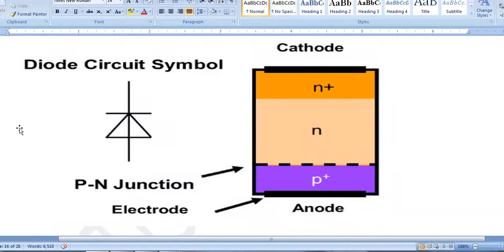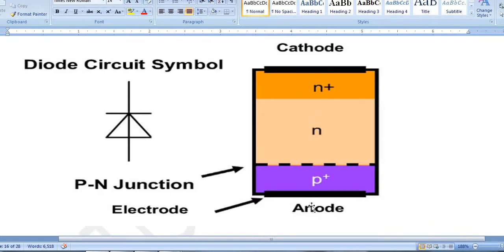Now this picture shows the diode circuit symbol. This is the circuit symbol and this is the construction. Here this P plus is heavily doped P-type material, this N plus is heavily doped N-type material, and this is pure intrinsic semiconductor material. Normally it is silicon. And these are the metallic contacts.